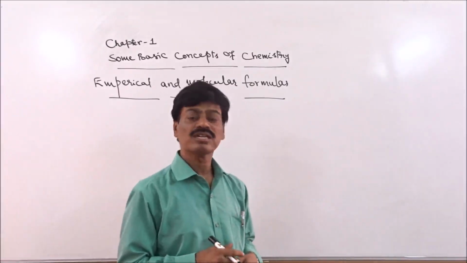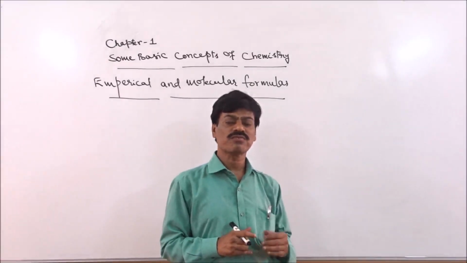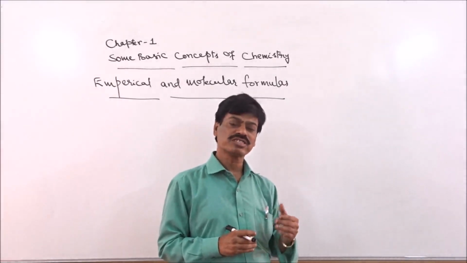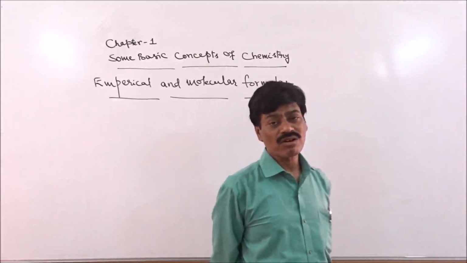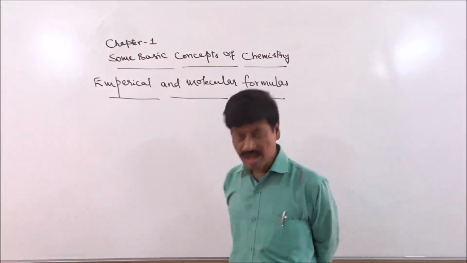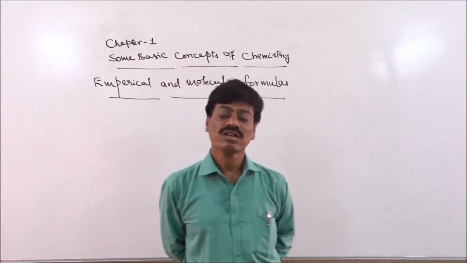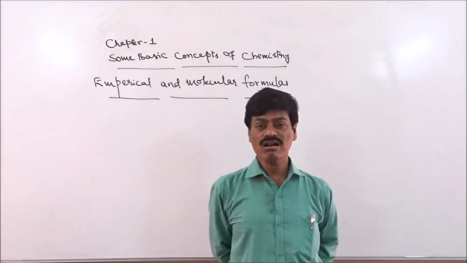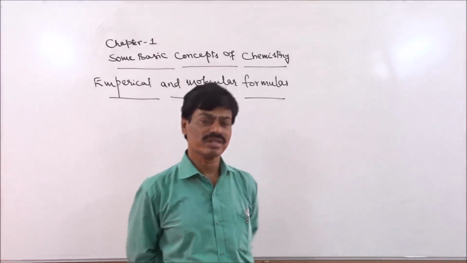As far as elements are concerned, H2 is the formula of the diatomic molecule of hydrogen. O3 is the formula of the triatomic molecule of ozone. P4 is the formula of the tetraatomic molecule of phosphorus. So also S8 is the formula of the octatomic molecule of sulfur. That is in the case of elements.